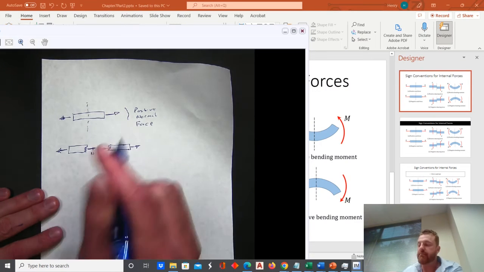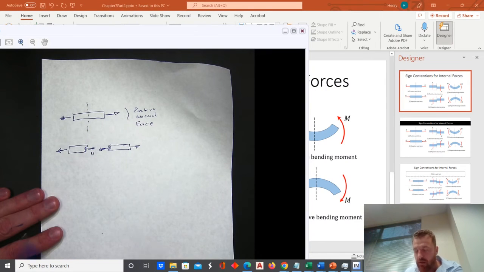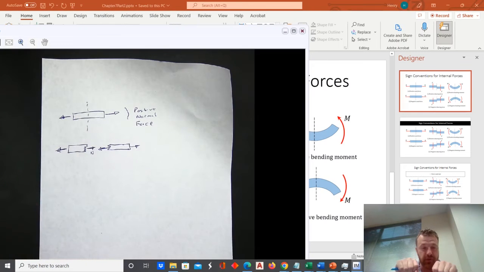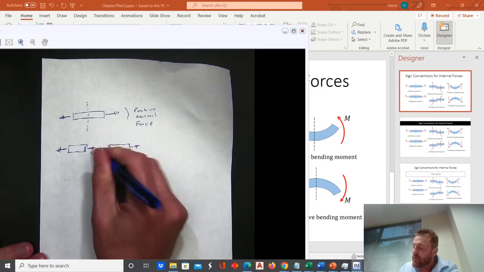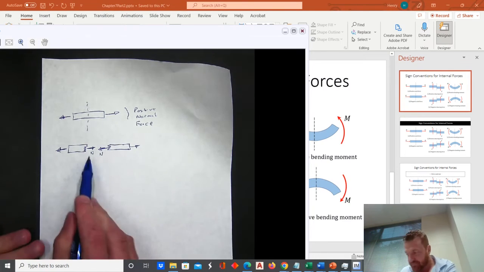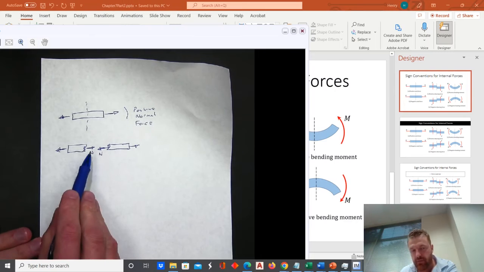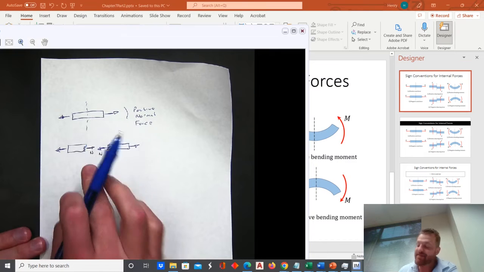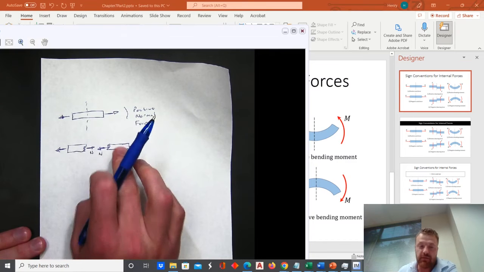By convention, we call a positive normal force an external force system that will tend to put this beam into tension. In that case, in order for the body to maintain equilibrium, if we pass a vertical section, the internal normal force on the left would point to the right, and the internal normal force on the right would point to the left.